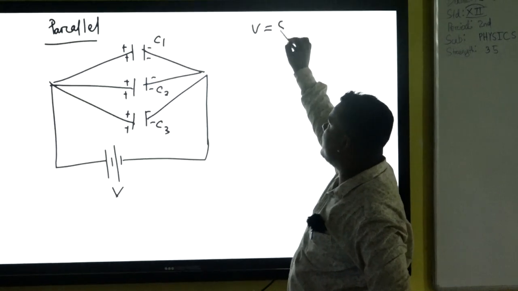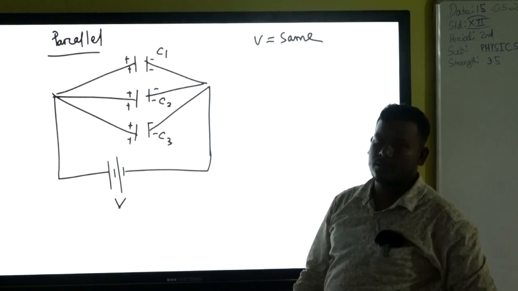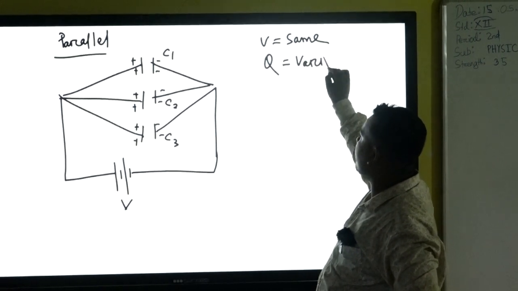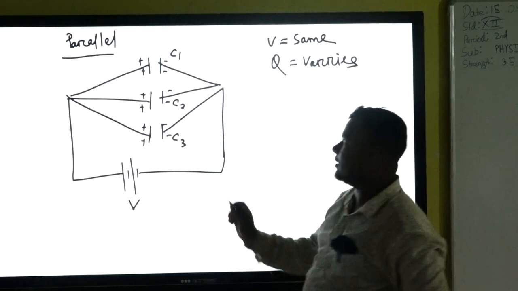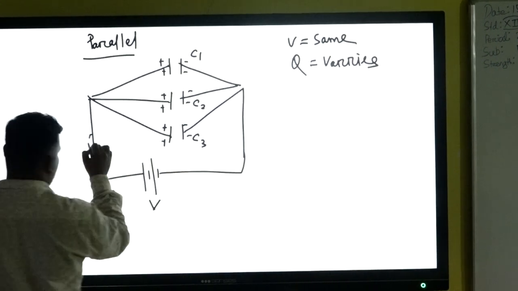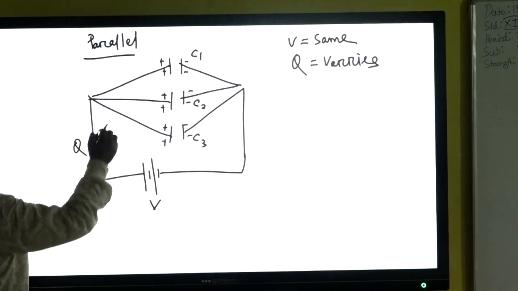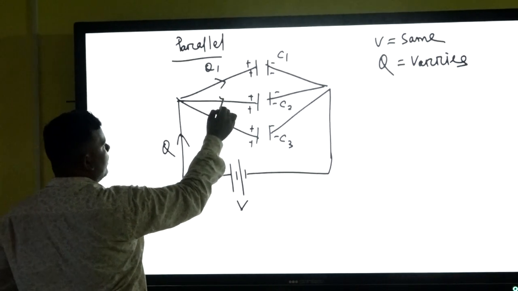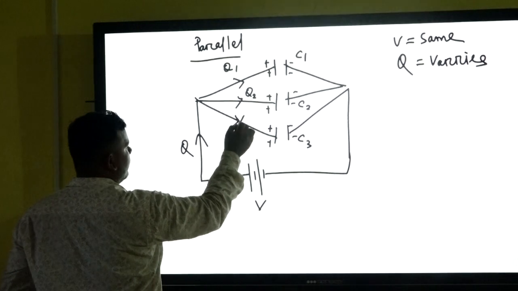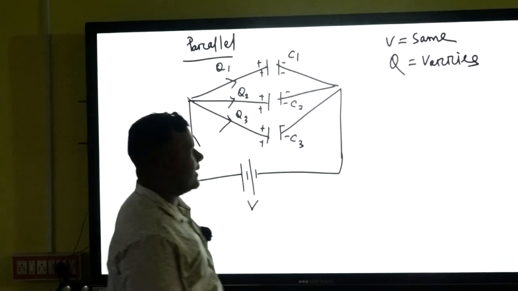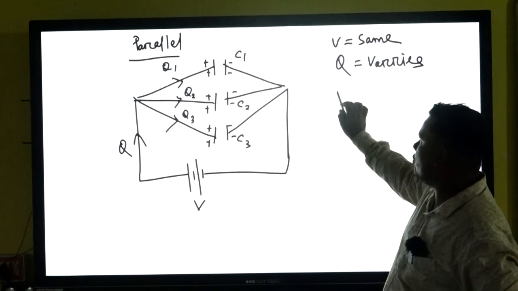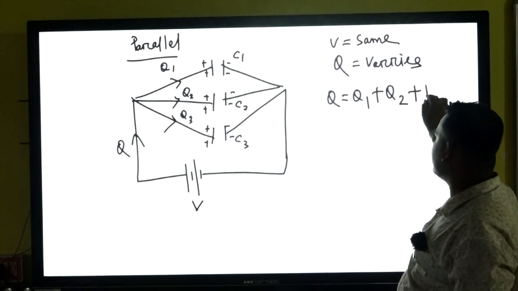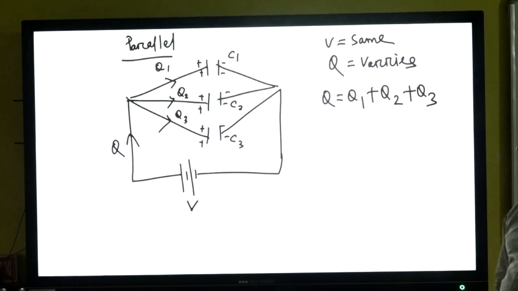So in parallel, V is constant, V is the same, but the charge is different. Here let charge Q flow from the battery, so to this capacitor charge Q1 goes, to here charge Q2 goes, and to here charge Q3 goes. So finally I can write total charge Q equal to Q1 plus Q2 plus Q3.